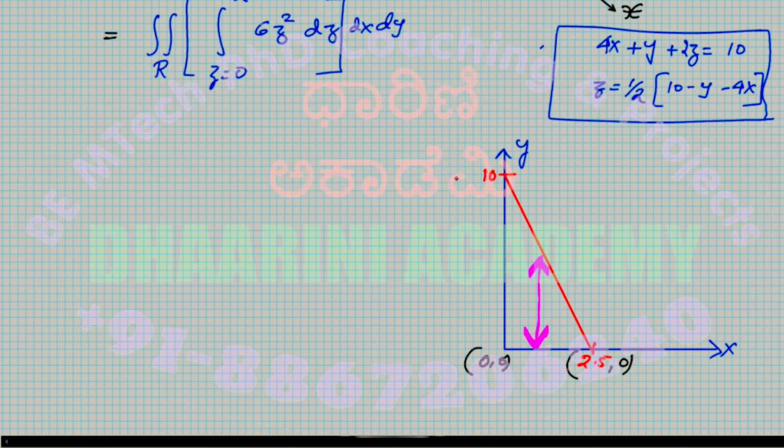This is 0, comma 10. Out of which now I'll update x. So this is equal to the integral over x varying from 0 to 2.5. Next, you write what happens to y. Y varies from 0, that's the minimum value. But what is the maximum value? The maximum value is on this.